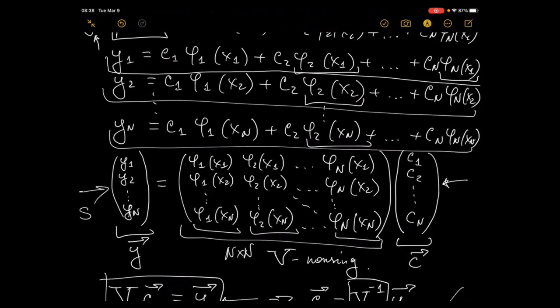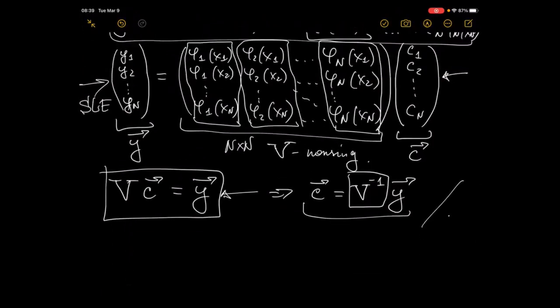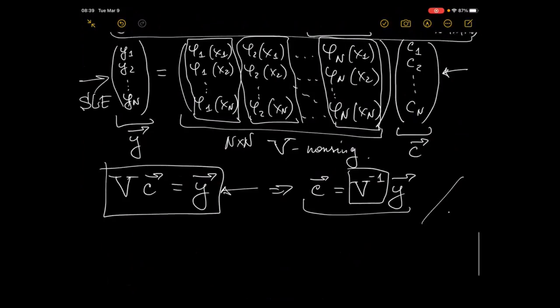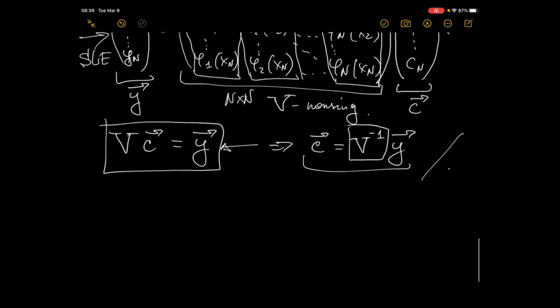By definition, because the columns are linearly independent, the solution exists and is unique by the statement of the theorem. That's it. So it means that we can find the solution.